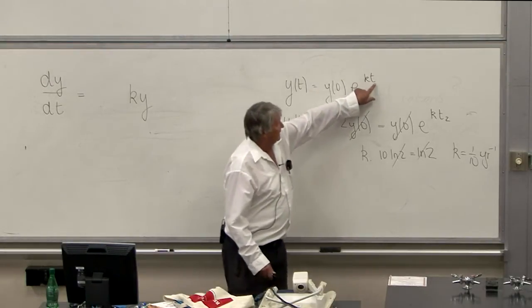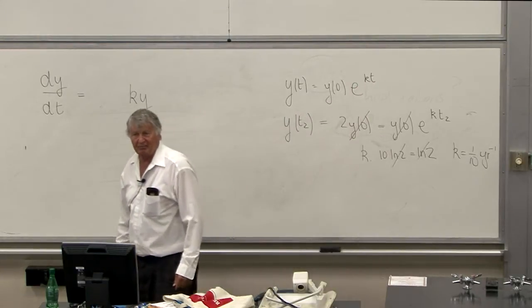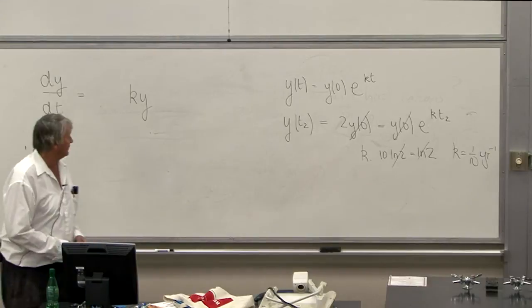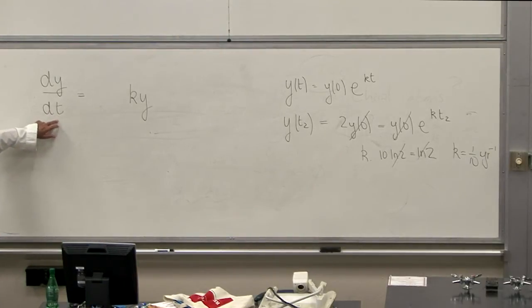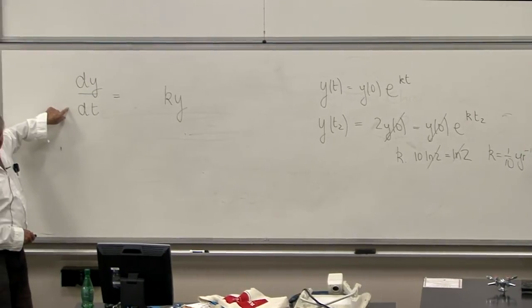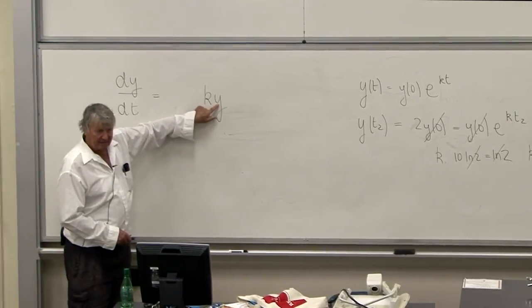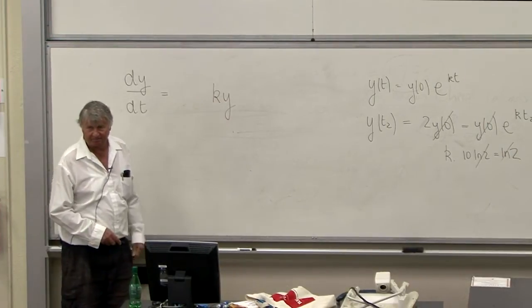So if t has the units of years, k has to have the units of 1 over years. You can see that from the equation too. If you look at the units of this, it's the number of rabbits measured in thousands divided by years, so this has to be 1 over years.